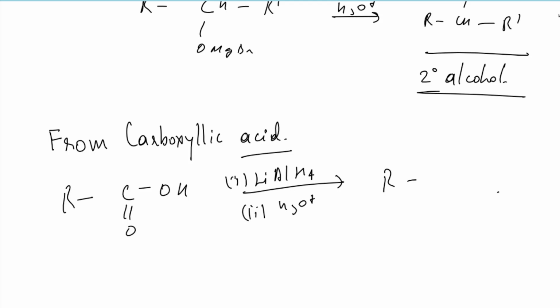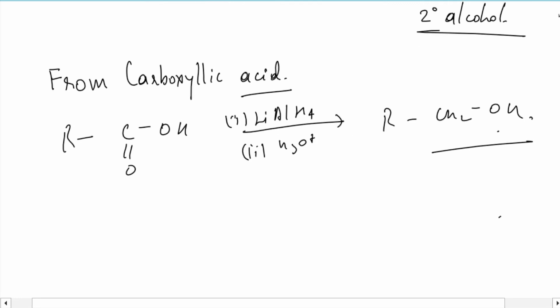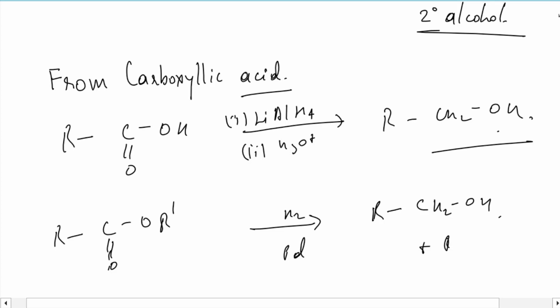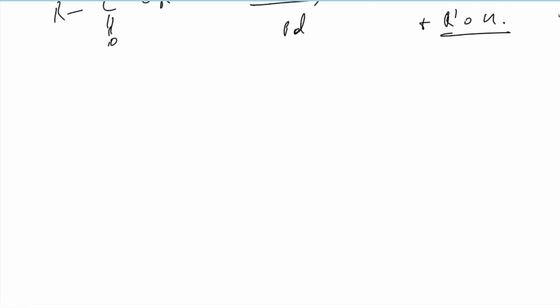This will yield RCH2OH. If it's ester, then it will yield RCH2OH plus R'OH. We can use LiAlH4 followed by H3O+ also here. So that was about preparation of alcohols.